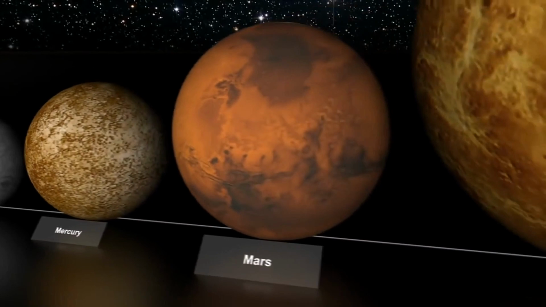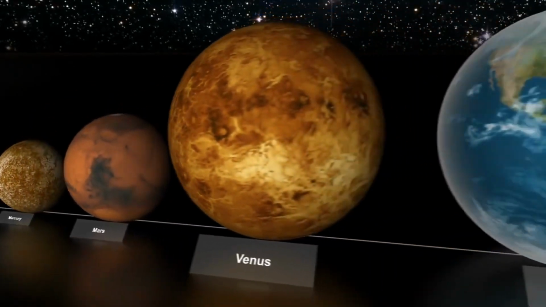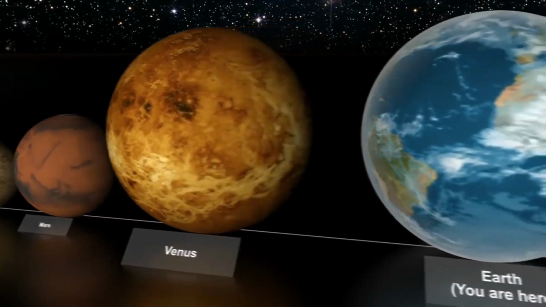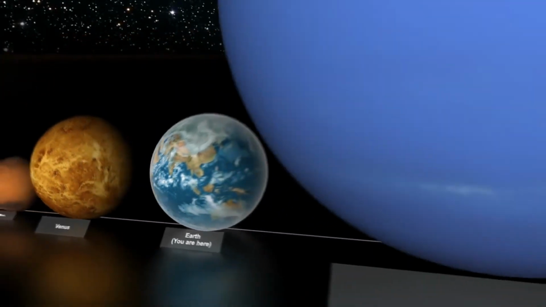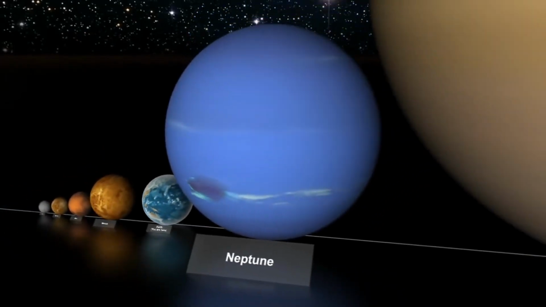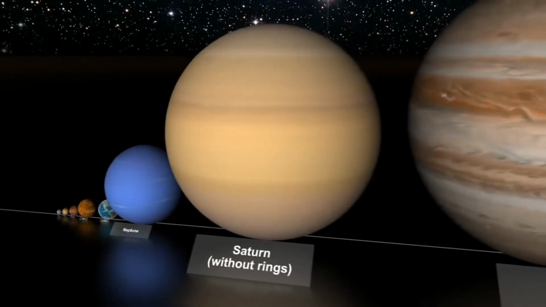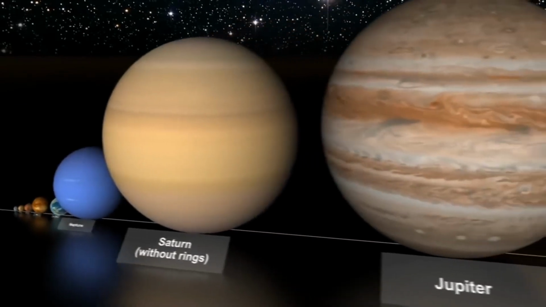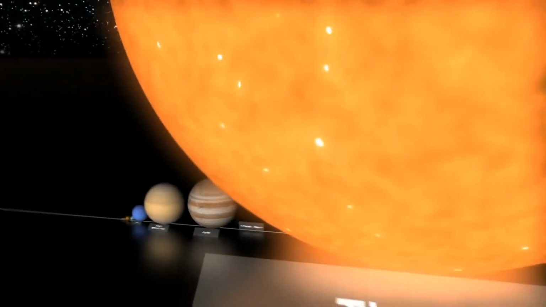Of course, the planets in order of planet and our moon, in order of size here. Giant Jupiter. And then the truly enormous Sun.